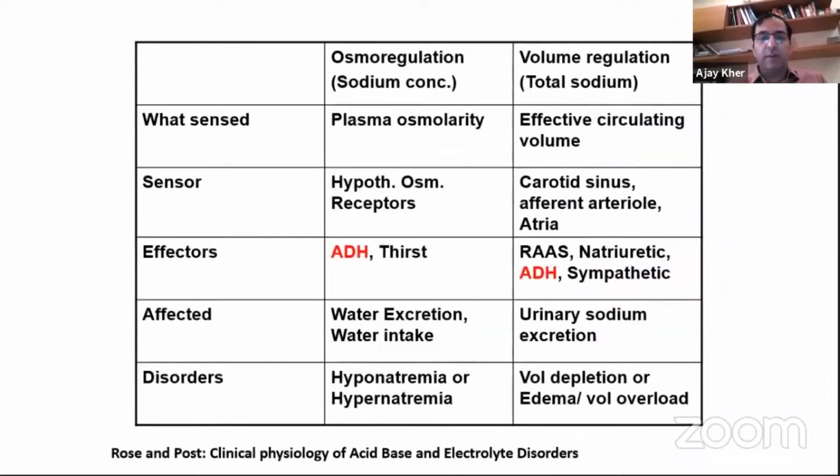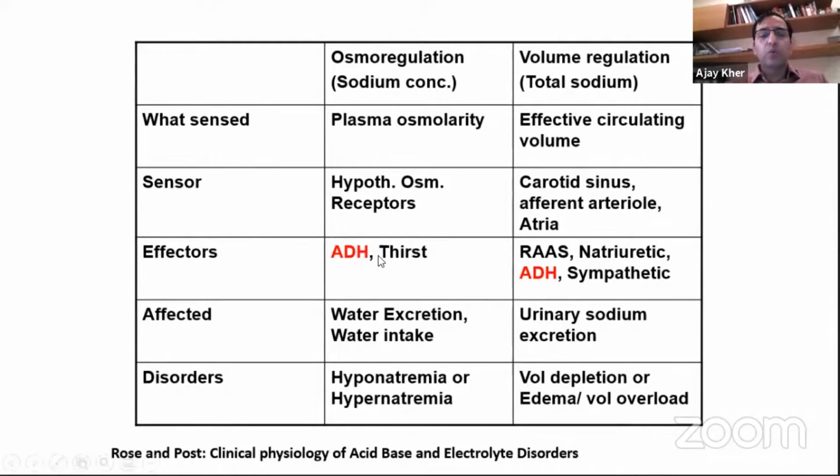So let's talk a little bit about how osmolarity is sensed and regulated. On the left side is osmoregulation, which is measured by sodium concentration. We sense the plasma osmolarity by the sensors which are in the hypothalamus. These hypothalamus receptors will either secrete ADH or generate thirst.